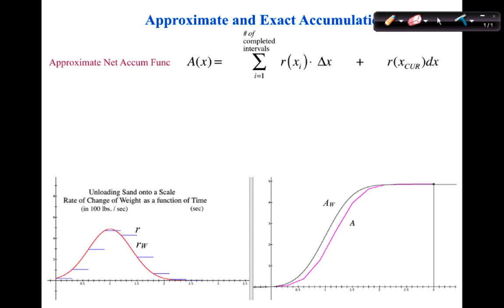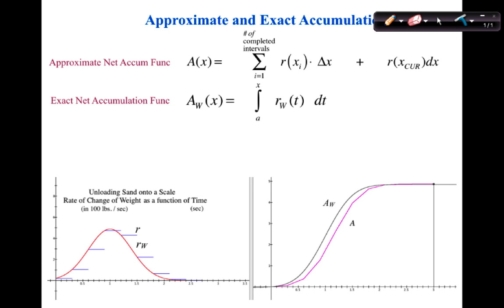Okay? So to get exact net accumulation, that's when you have that thing and your delta x is super small. But we have a more compact notation for that, more succinct. Does anybody know what it is? Integral, right? So when delta x is super small, that top function, we rewrite it as the second function, integral, right?